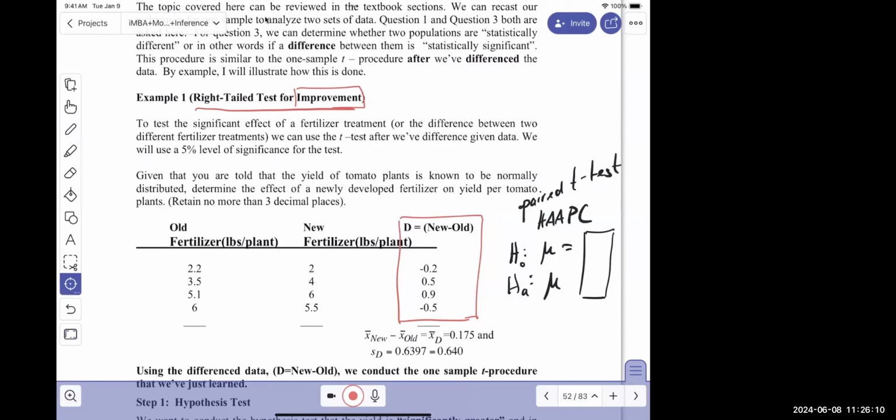Remember, I always have to put an equal sign here. Or what number should I put first, Brian? So what number do you expect here if there's an improvement?